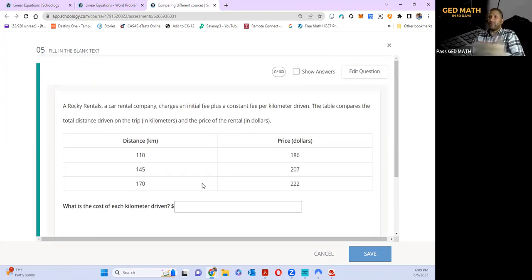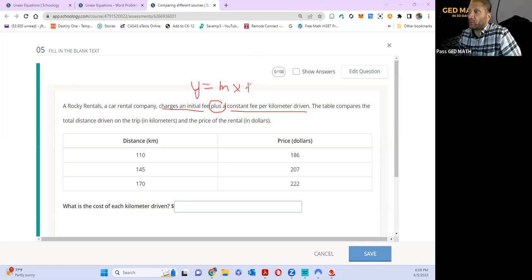So it's giving you a table, and the question asks what is the cost of each kilometer driven?